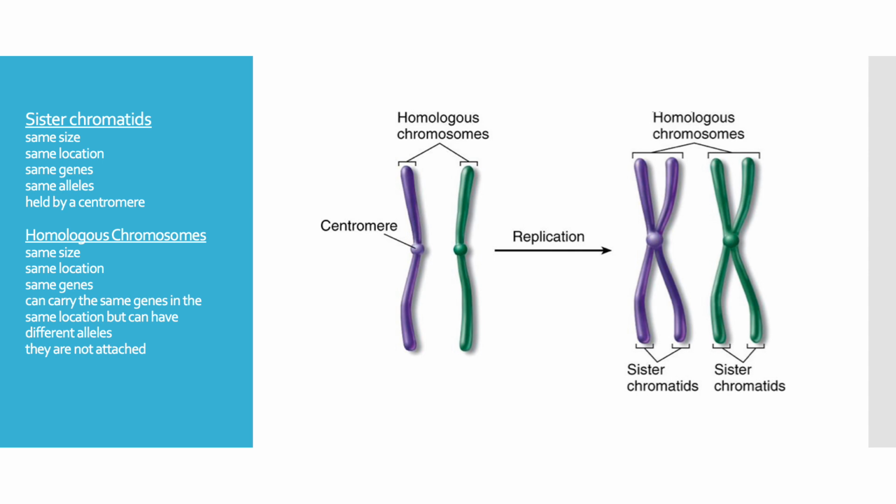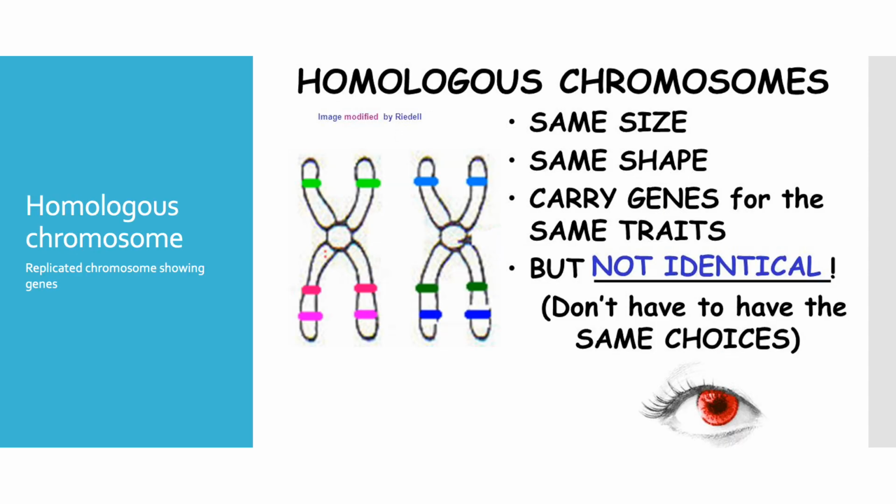Let's take a look at this next diagram. Here we're looking at homologous chromosomes. Let me grab the pen. We have the same gene being represented.